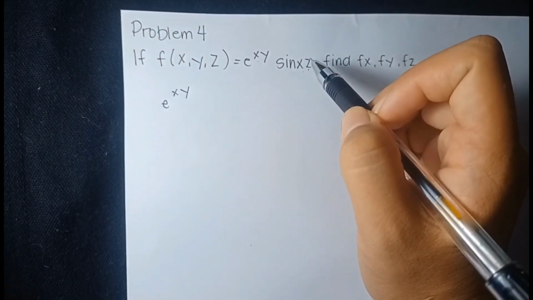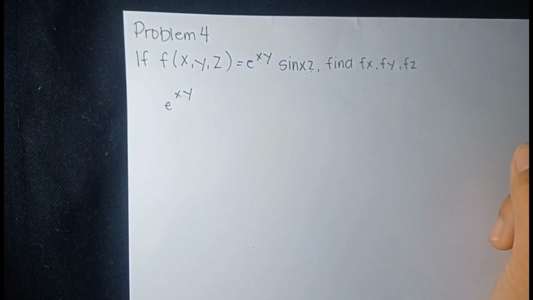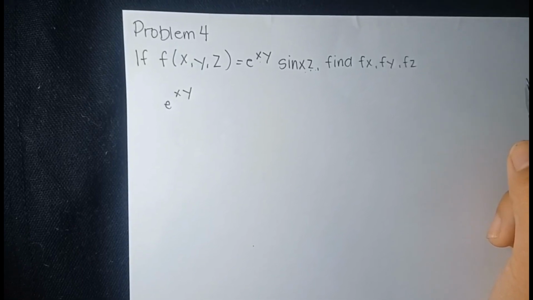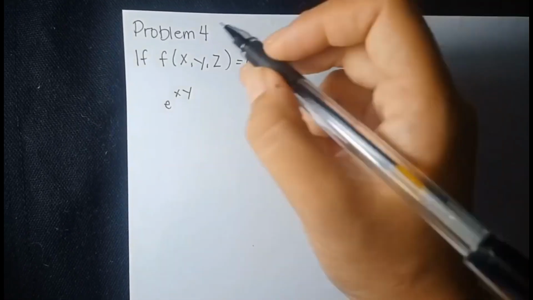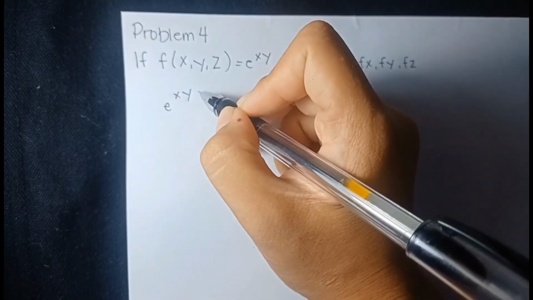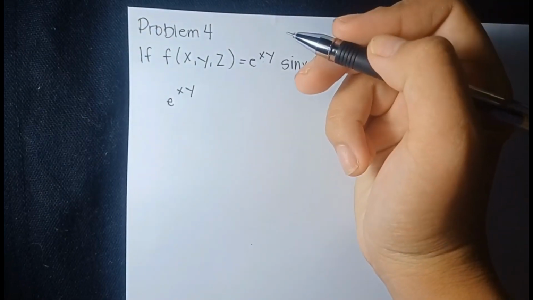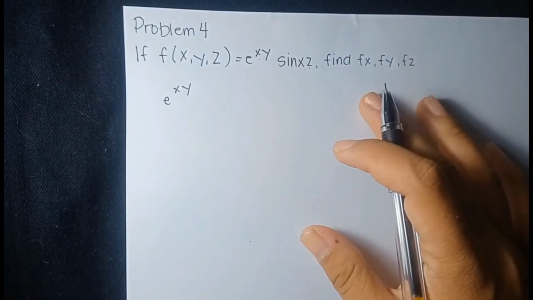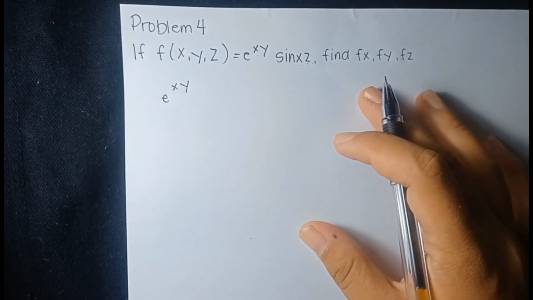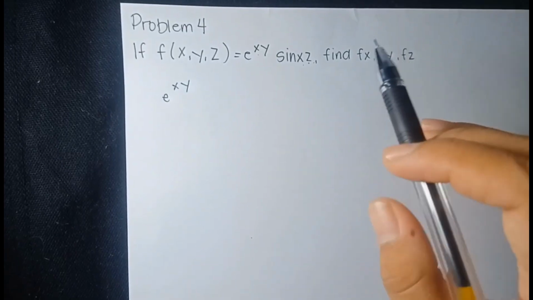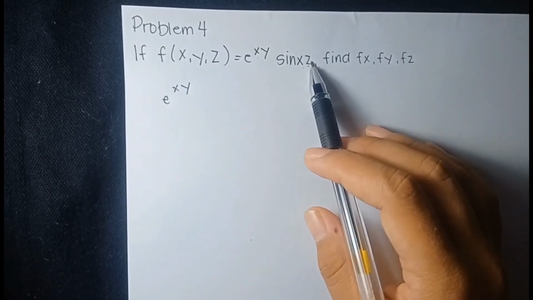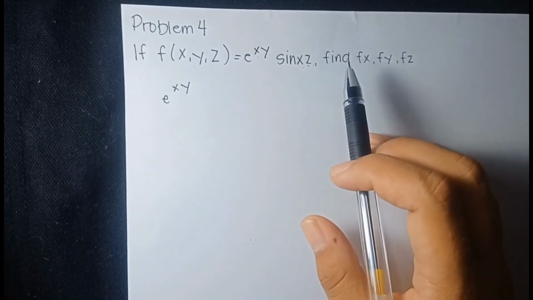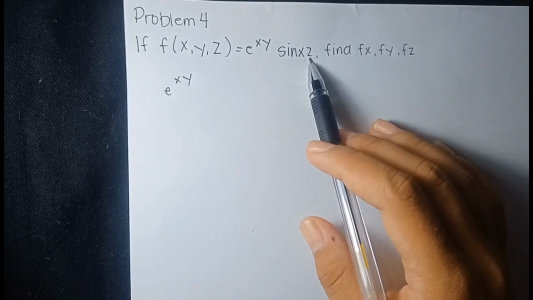We will use the product rule because it is a product of two functions. So let's copy first the e raised to xy, then differentiate the sine xz. As you can see, the angle of the sine is xz, which we are differentiating with respect to x, so z is the constant.